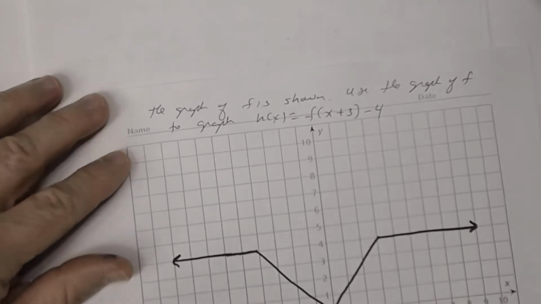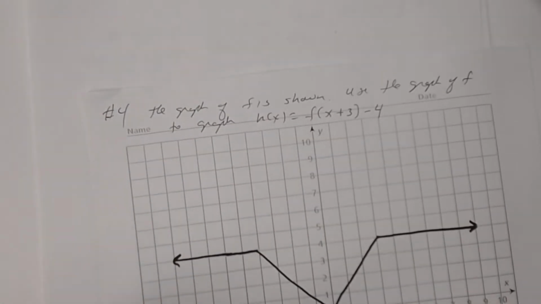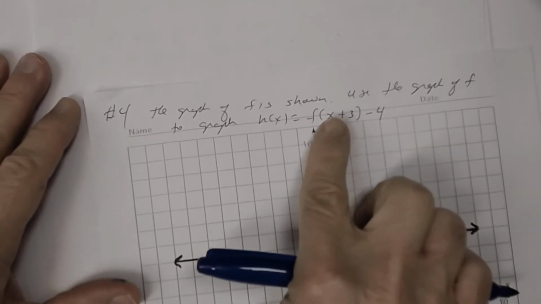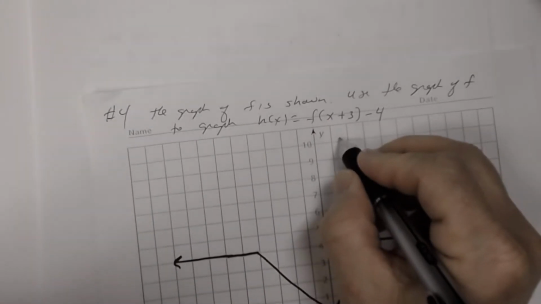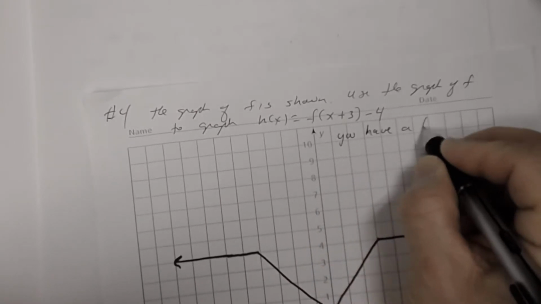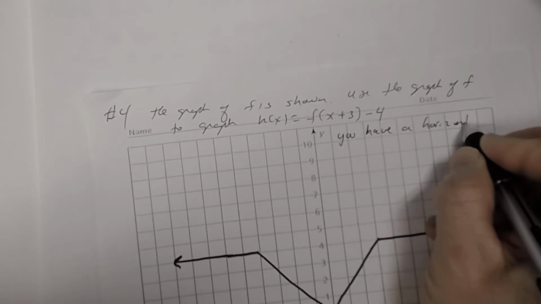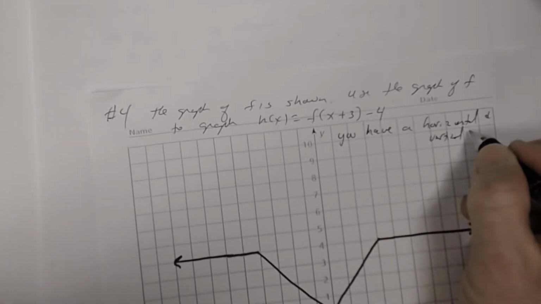All right, number 4. So number 4, let's suppose we have this in number 4. Same thing, you're dealing with a horizontal translation and a vertical translation, right?